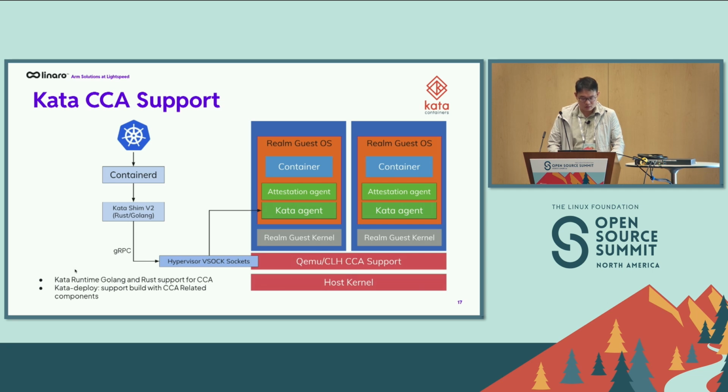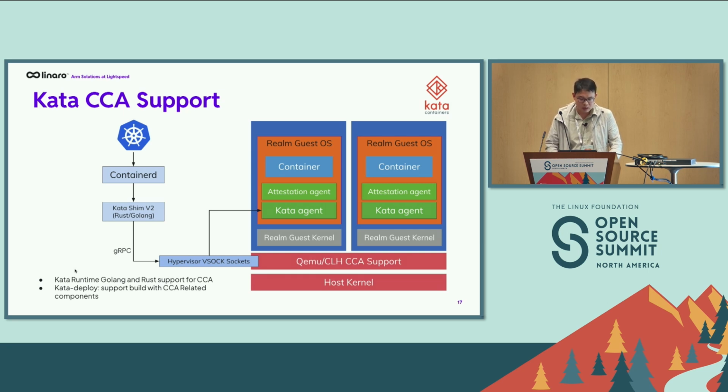Regarding the CCA support, which is quite straightforward, Kata has the Kata runtime, and we introduced Golang and Rust support for CCA. On top of that, there are some components which will be packaged into the Kata root file system.